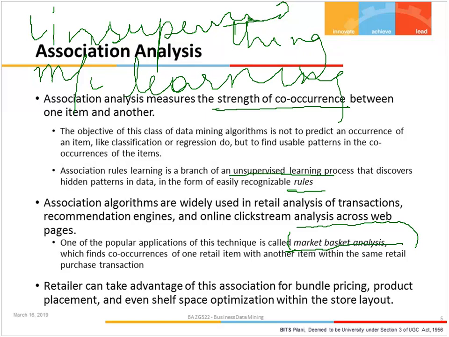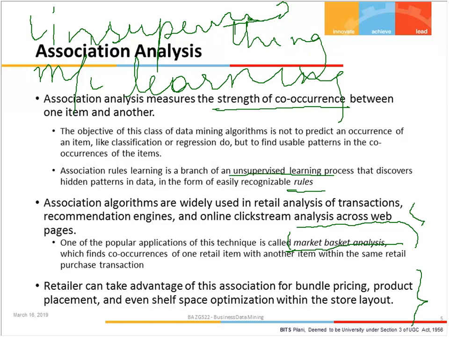They are used in a wide range of applications. So here are some examples, and this is just an explanation from one domain perspective. What can a grocery store or a retail store do if they understand the association?